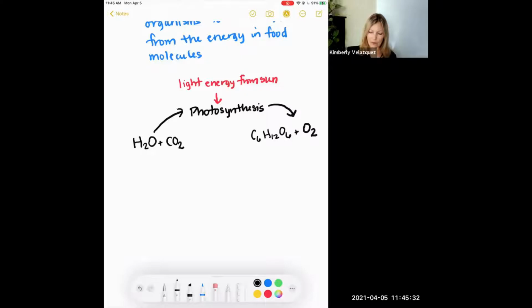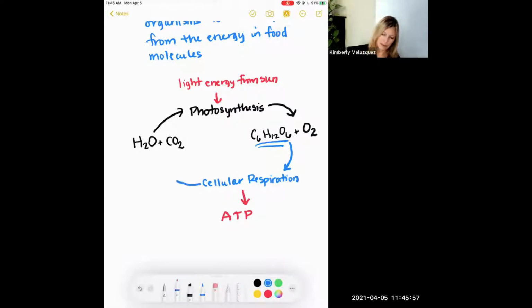These are then the ingredients that are needed for cellular respiration. In cell respiration, living organisms take the energy in that food and convert it to ATP. And in the process, produce water and carbon dioxide.